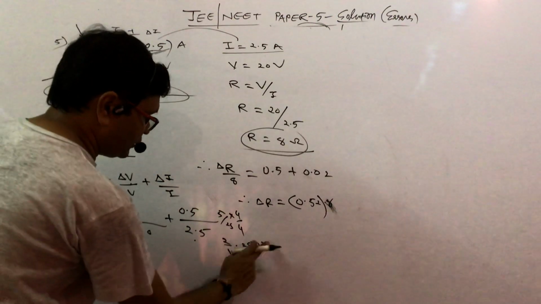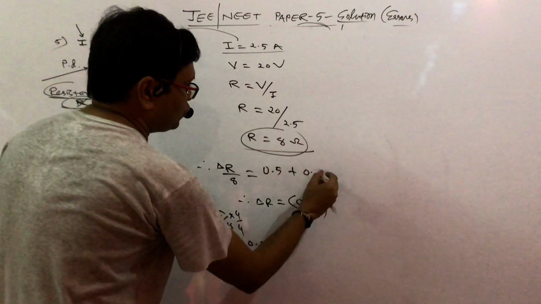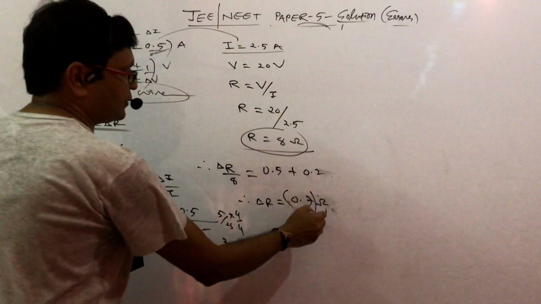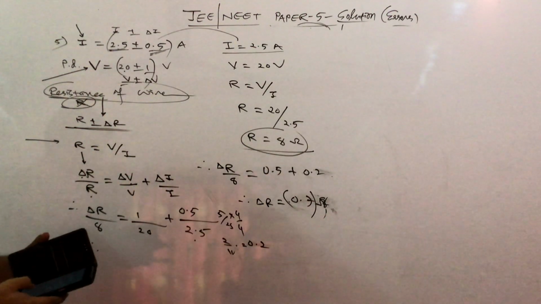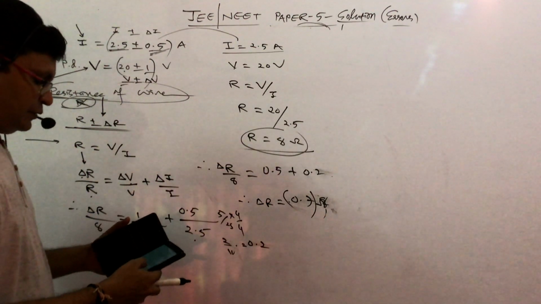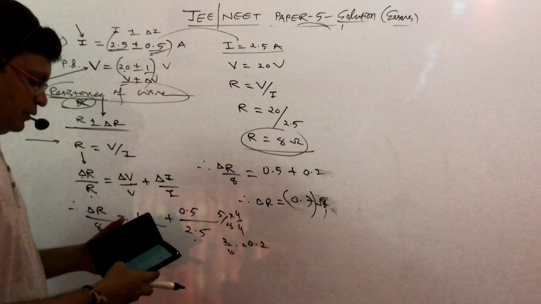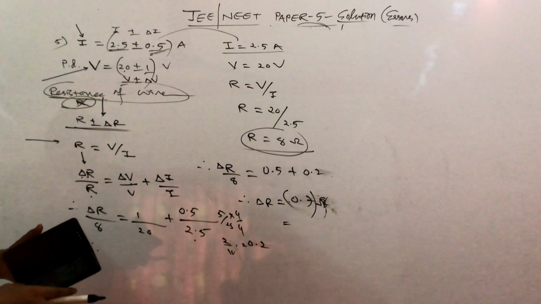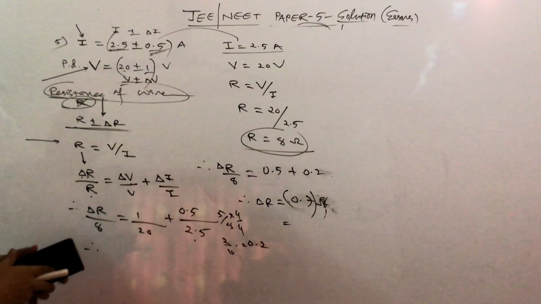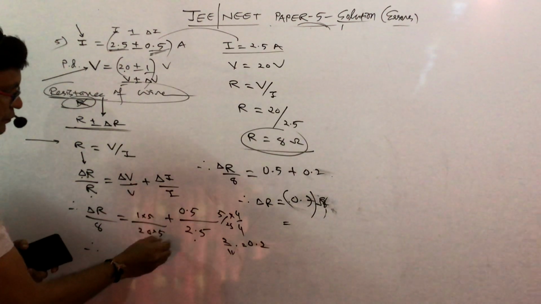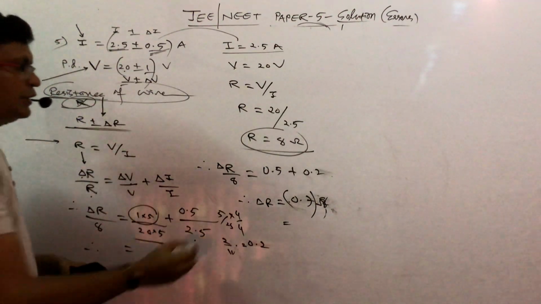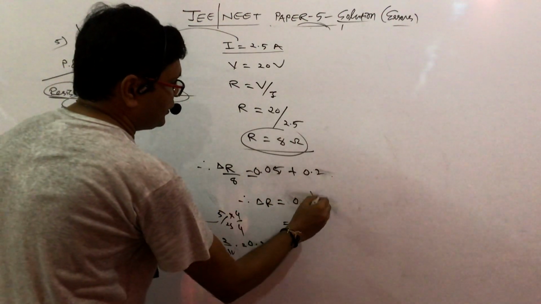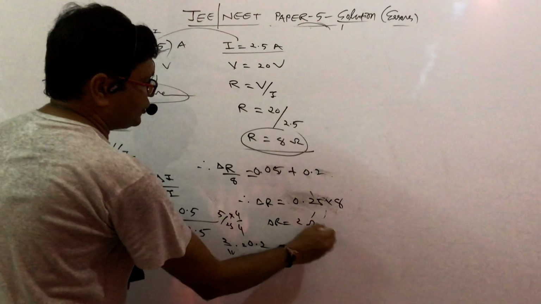There is a mistake again: 5 upon 100 is 0.05. You have to keep all these things in mind. So 0.25 multiplied by 8, so it is only 2 ohm, you can see.